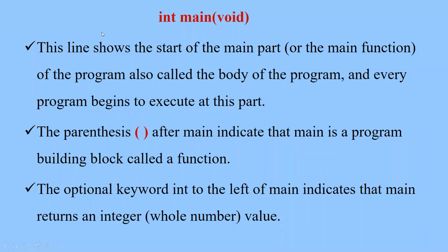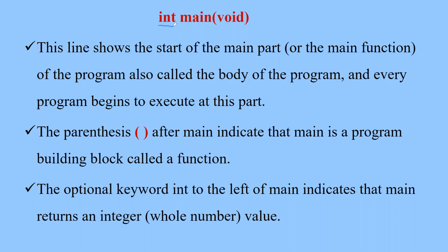The optional keyword int to the left of main indicates that main returns an integer or a whole number value. I will explain about return, or what functions return, in my subsequent presentations.